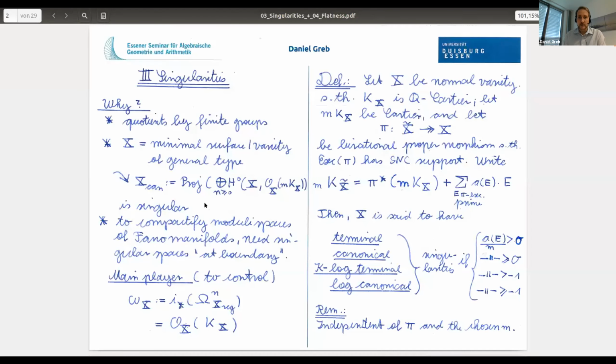Okay, I will come back to this sketch in a second. So now, if you have such a resolution, you want to compare mK_X to K_X tilde, so you take this multiple that is Cartier, and you pull it back.